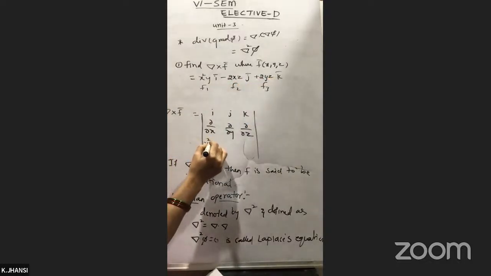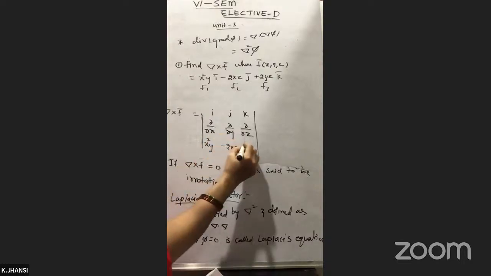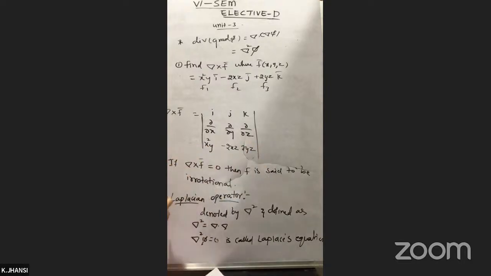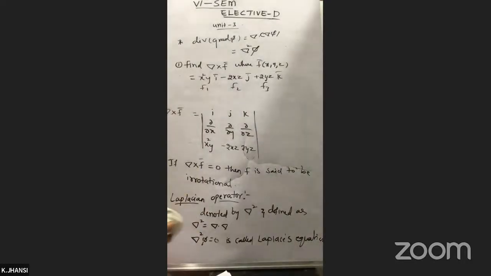First f1 is x square y, then f2 is minus 2xz, and next f3 is 2yz. Now we have to find the cross product. How will we find it? That is a determinant value we have to find.